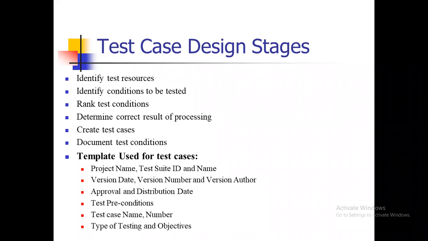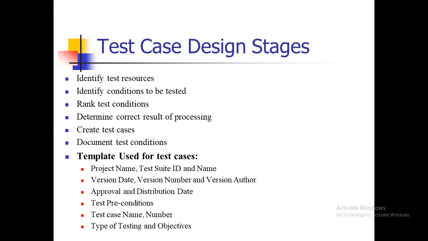Then rank the test conditions; we have to decide which test case should be executed first. Then determine the correct result of processing. Create test cases: we have to design the test cases according to requirements and our inputs and what we are expecting. We have to validate all the fields. Then document the test conditions; we have to document all the test cases in the report.